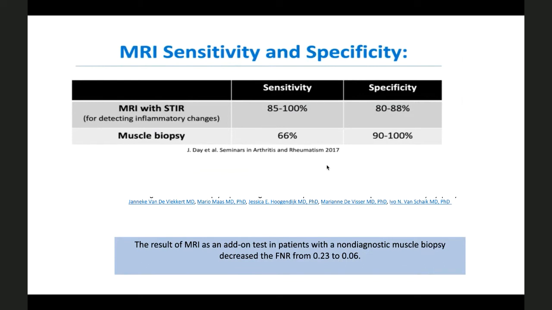The only reason for this is that at times when we do biopsy, we may biopsy a muscle that is not affected, and the results will be negative at that time. So it would be beneficial if we do MRI first and see which muscle is affected, and then do the biopsy. So that decreases the false negative rate.